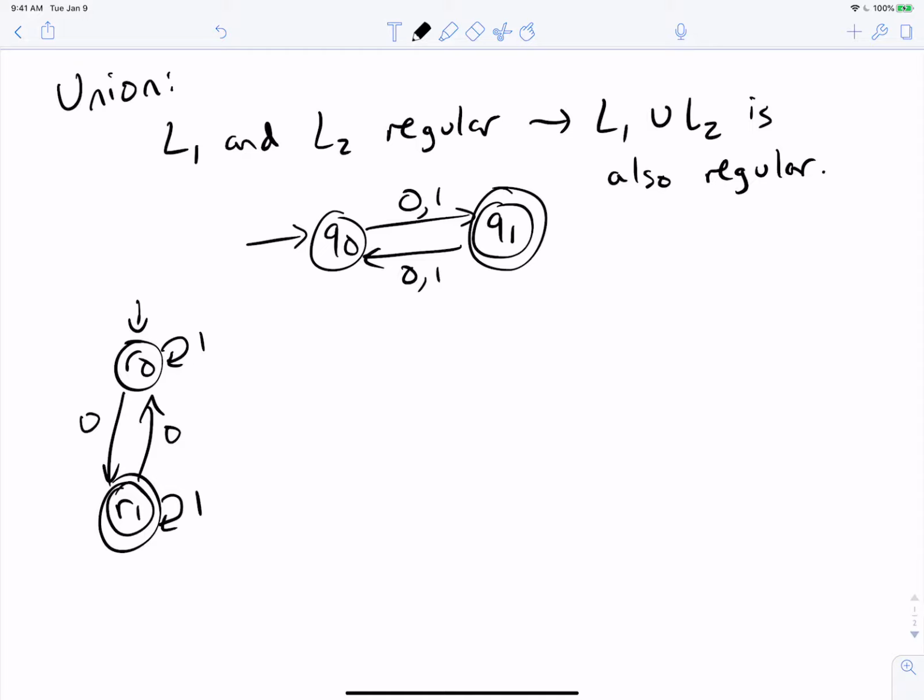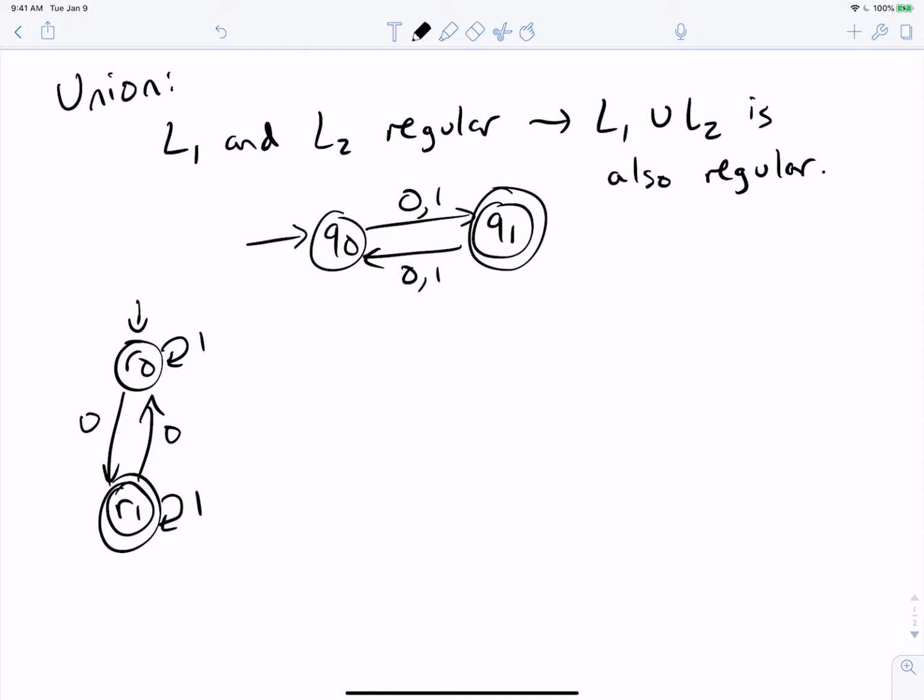We were focused on union last time, and I claimed, without proof, that if we have two regular languages, their union is also regular. That's what we wanted to show. So what does that statement really mean? What would we have to do?